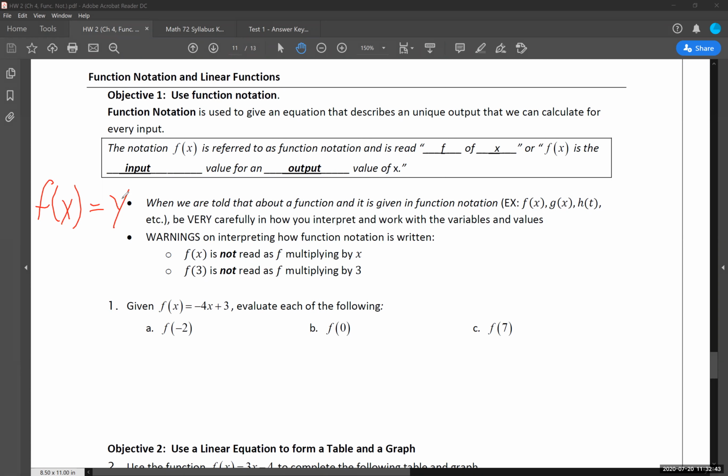It's our input value. Again, it's a typo in the notes. I will go through and revise that. f of x is the same as y, which is our output value. So we're going to see how this works. Here are some examples, but I do want to make that abundantly clear. x is the input. f of x is the output value.